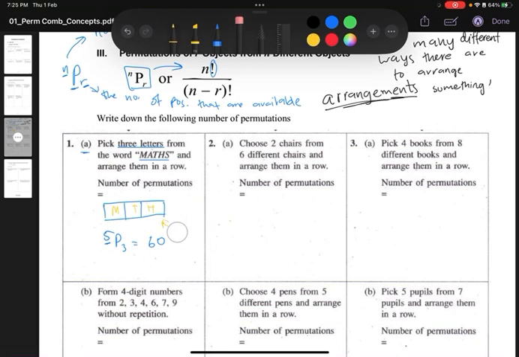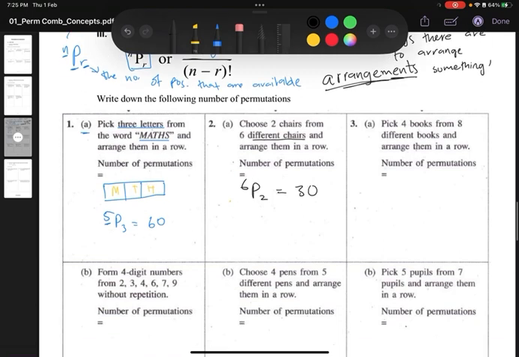So if you think about it, they really add up. And let's go to number 2. You have to choose 2 chairs from 6 different chairs and arrange them in a row. So you have 6 chairs to choose from, and you're only going to pick 2. So the number of different ways you can arrange those 2 chairs is 30.